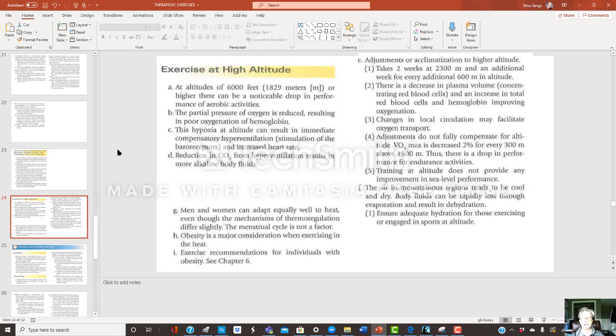Exercise at high altitude. At altitudes of 6,000 feet or higher, there can be a noticeable drop in performance of aerobic activities. The partial pressure of oxygen is reduced, resulting in poor oxygenation of hemoglobin.